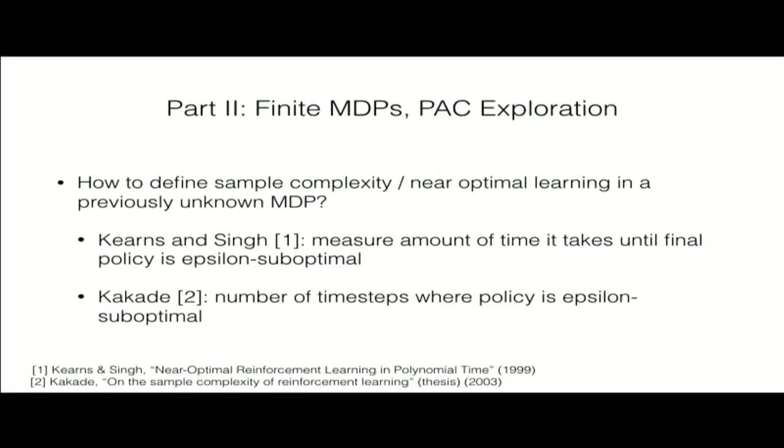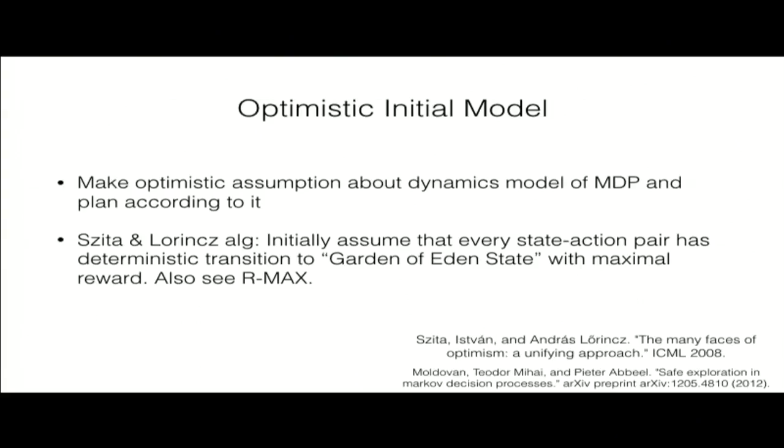The hope is that after a finite amount of time, the policy only makes a finite number of mistakes. After a certain amount of time, it chooses all the right actions.